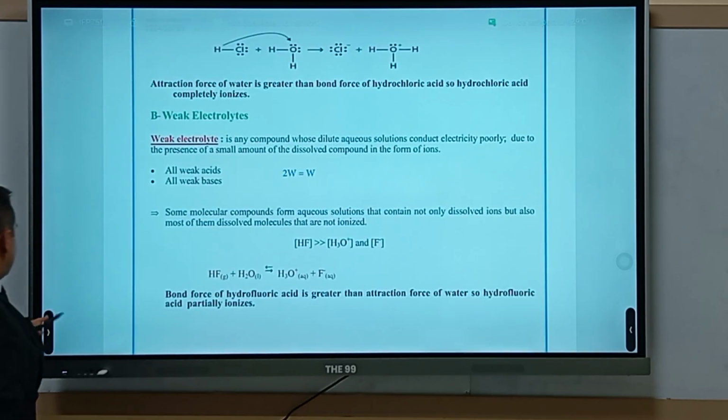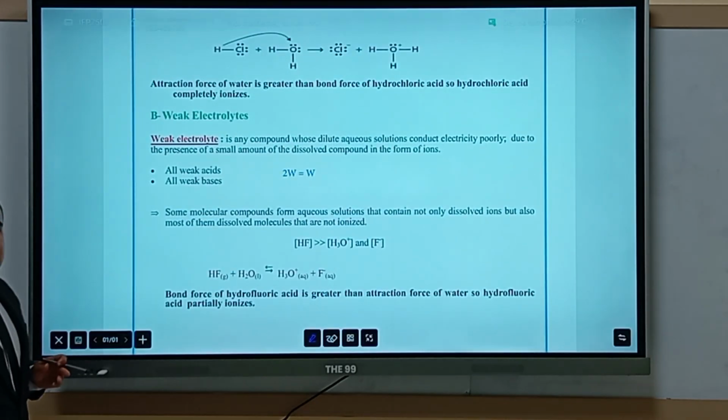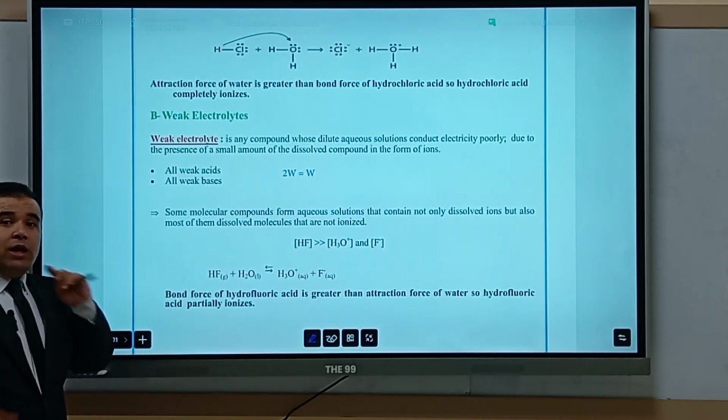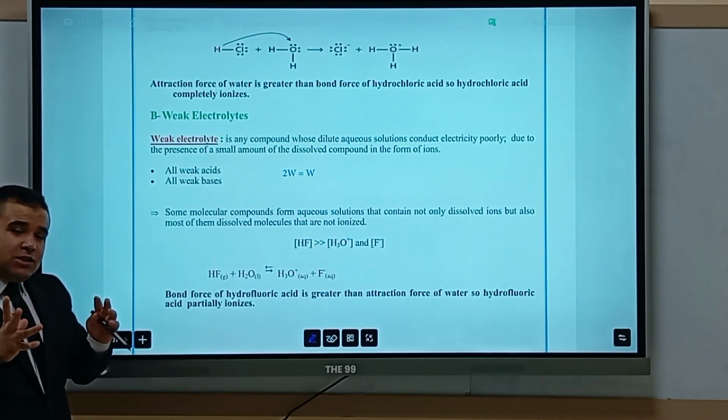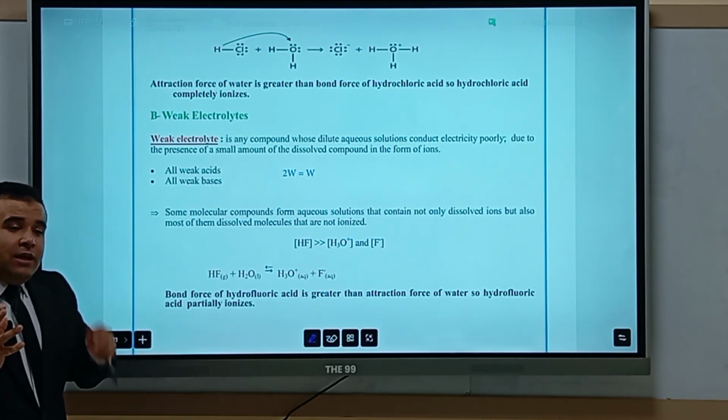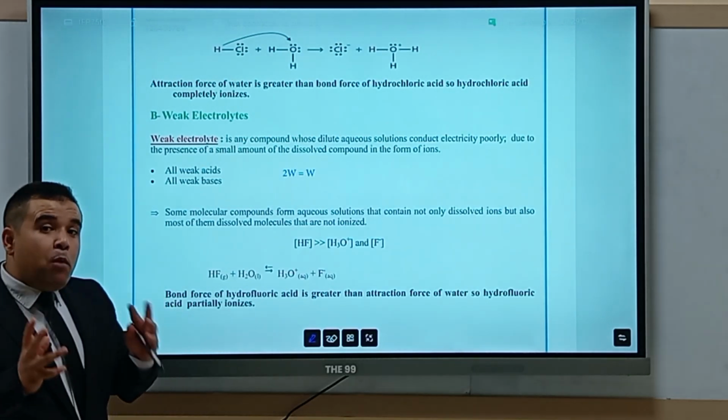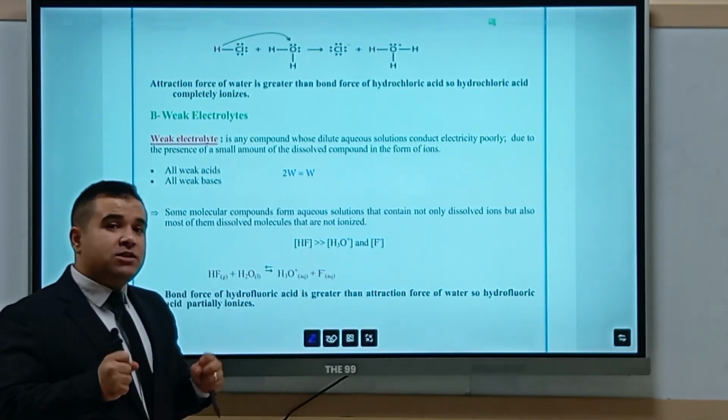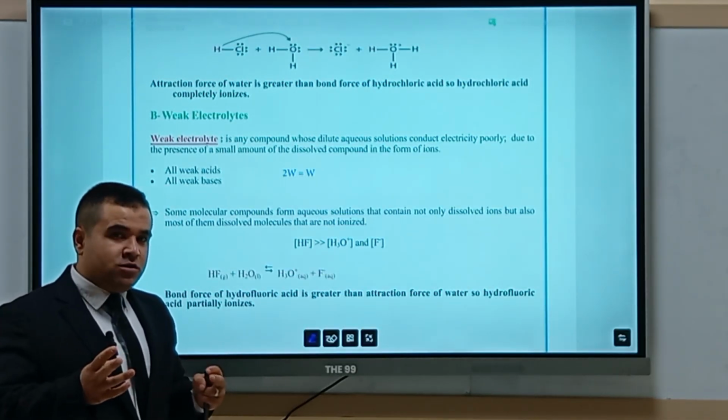Along with the strong electrolytes, we have weak electrolytes, guys. What are the weak electrolytes? The weak electrolytes, unlike the strong electrolytes, exist mostly as non-ionized or non-dissociated molecules.